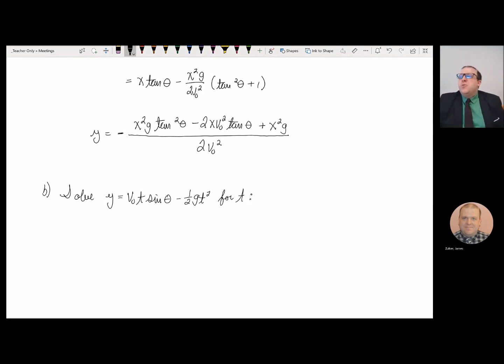So we have to solve the y component for t. Specifically, when it equals 0.